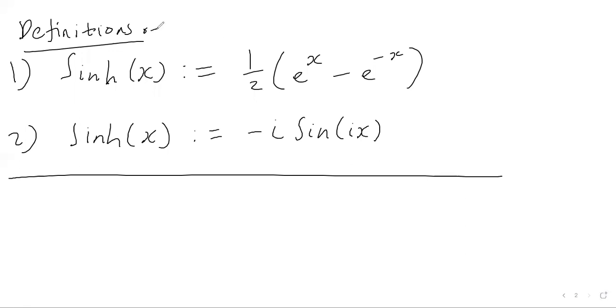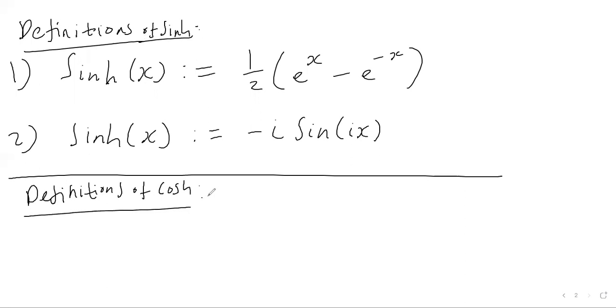So definitions of shine, I'll put that in the title up there, and then down here I'm going to do the definitions of the hyperbolic cos function. I think you'll see why I'm doing this when we actually do the differentiation.